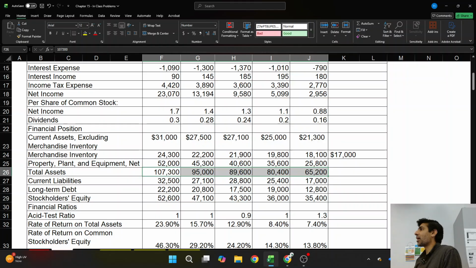The shareholders are not going to be happy that they're giving you capital and you're just putting it in the bank and earning 1.5%, because they could have maybe used their capital to invest in a higher return investment. So just because you see assets growing, that's not enough information. You need to see how efficiently the business is using those assets to generate profit.